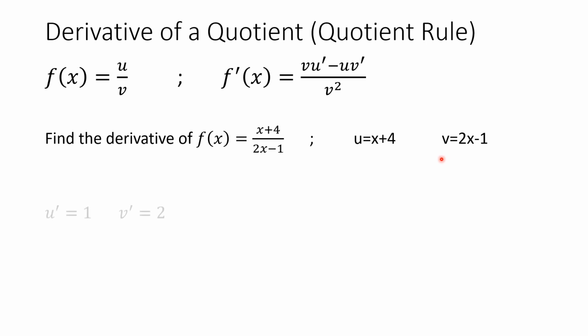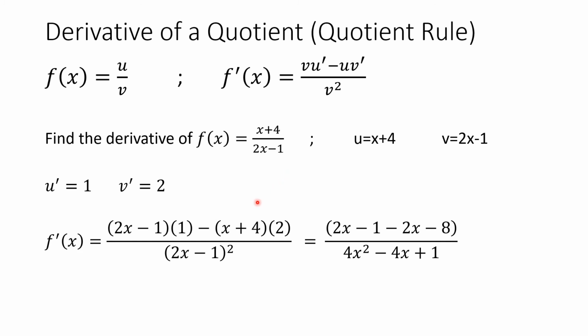So first, get the derivative of u. So u prime is simply 1. And for v, 2x minus 1, v prime will be equal to 2. So we have now the u, v, the u prime, and the v prime. So we simply plug in all of this to the formula of f prime of x is equal to v u prime minus u v prime all over v squared.